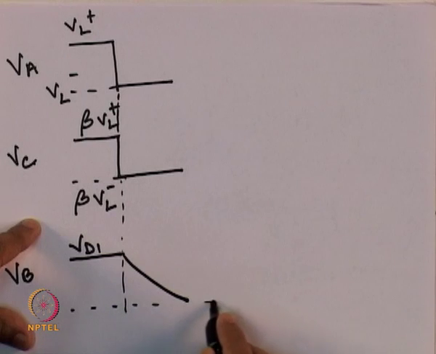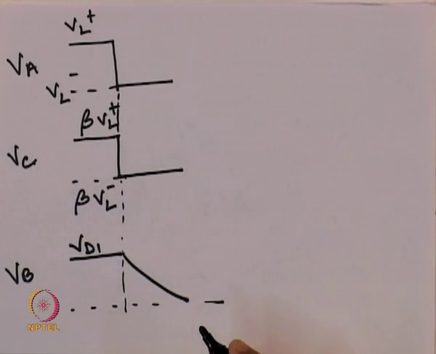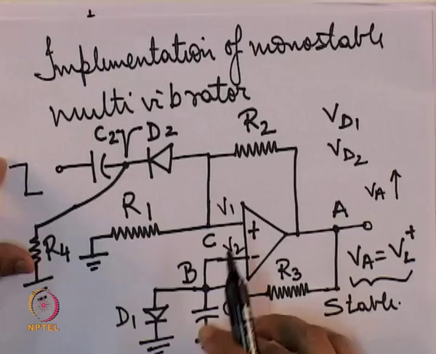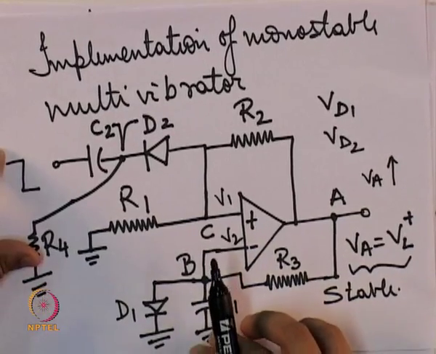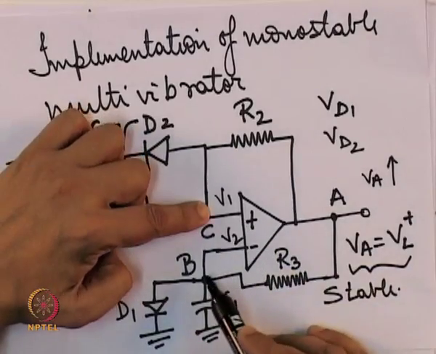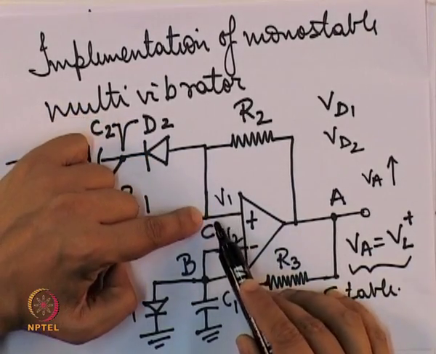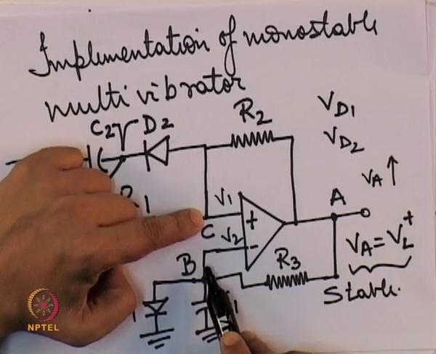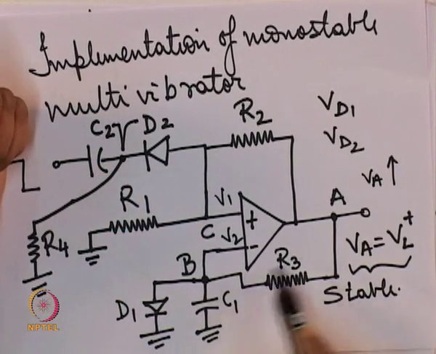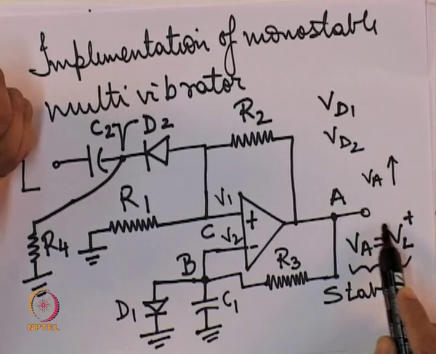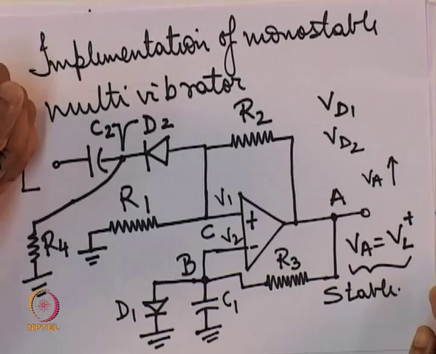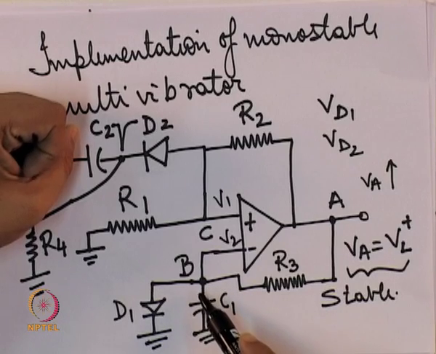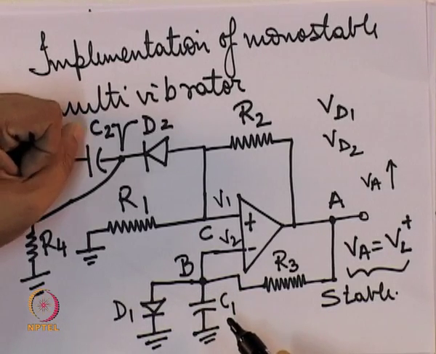But how long will it be dragged down? See, the voltage at VC is equal to beta VL minus after the transition. So as long as the voltage at C is more negative as compared to the voltage at B, VA will continue to remain at VL minus, but VA being equal to VL minus is also dragging down VB continuously.